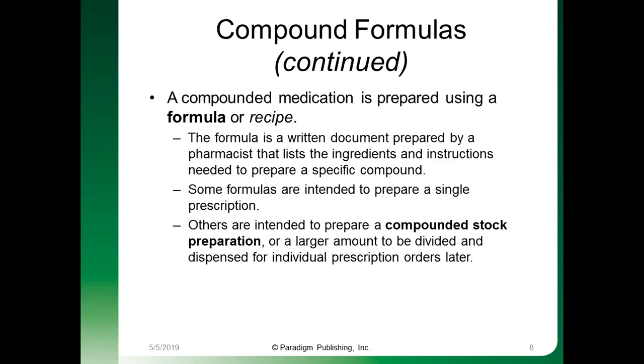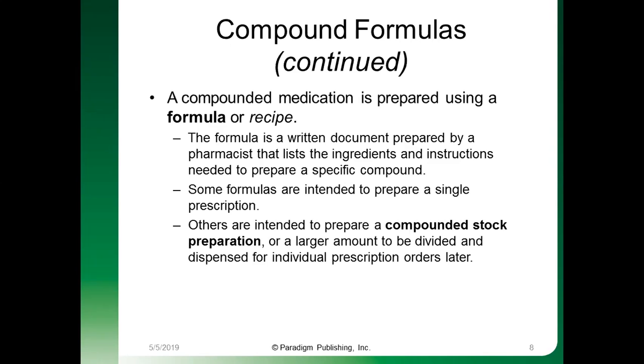A good example would be during the flu season. Tamiflu is a medication that is prescribed to a lot of people, and sometimes the manufacturer does not produce enough medication, especially for children.